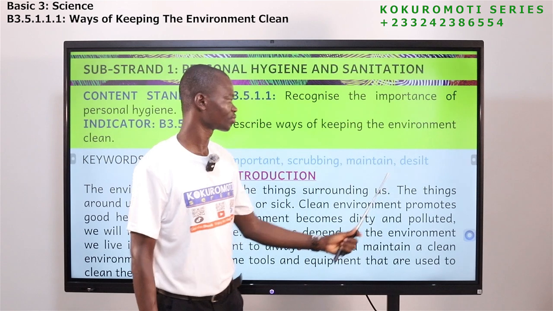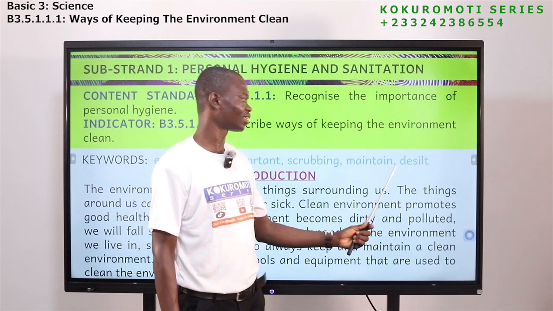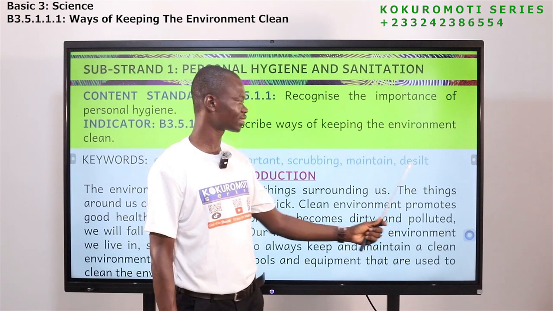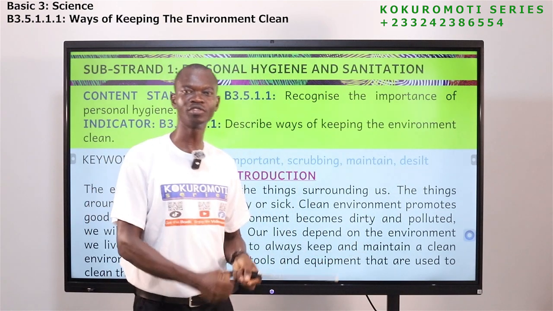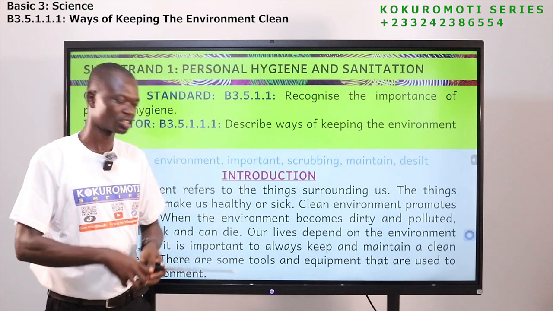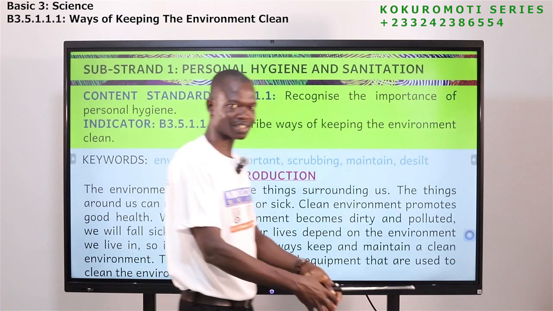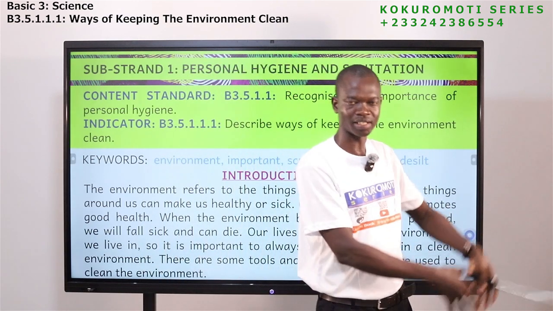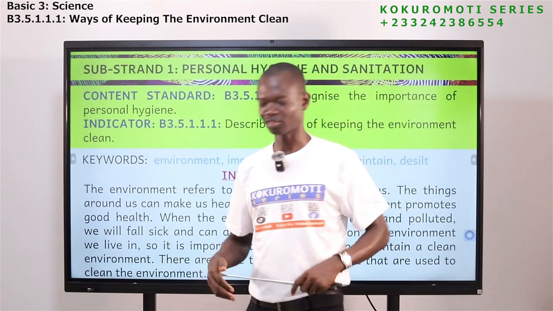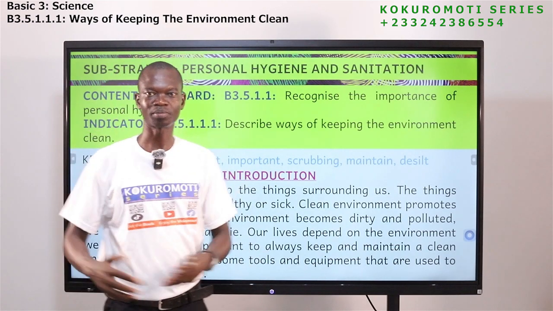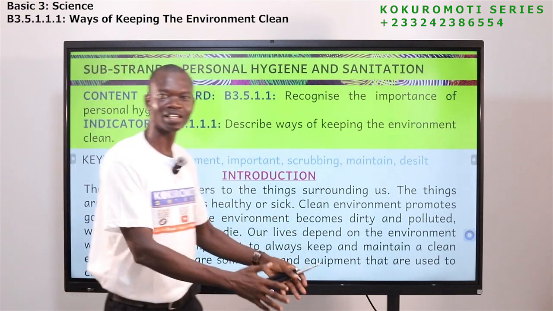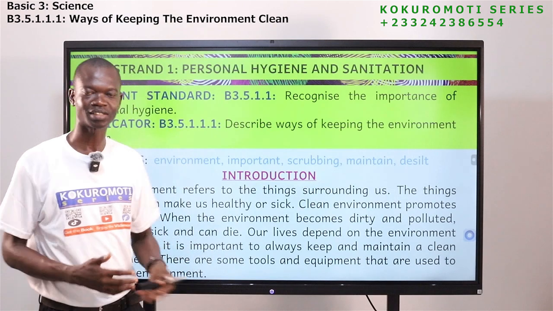All of you, desilt. Desilt means that you are removing sand or soil that has been deposited in a place. For example, when it rains, the rainwater carries sand and other soil particles and deposits them in gutters and other places.